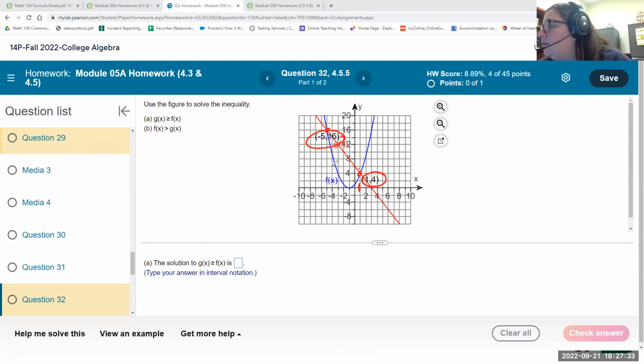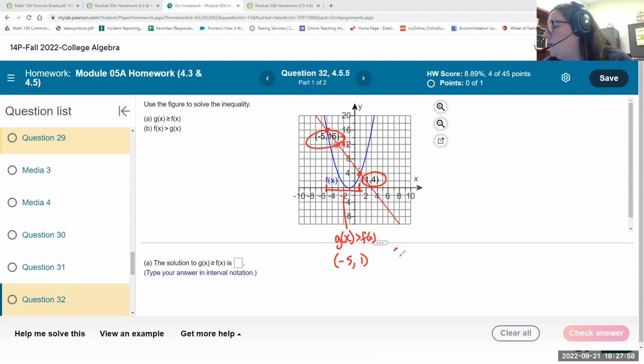So that means if I look at the graph between -5 and 1, the line is above the parabola. So for that part, g of x is greater than f of x. So that's the interval from -5 up to 1, if I look at those x values that are included there.